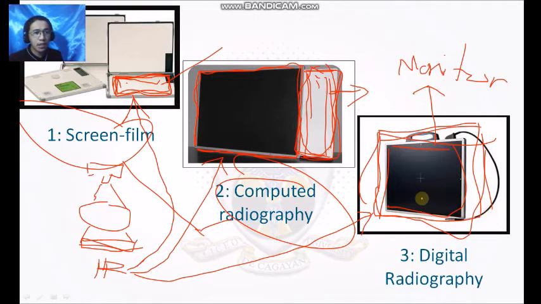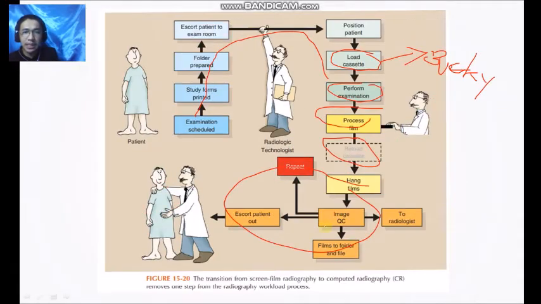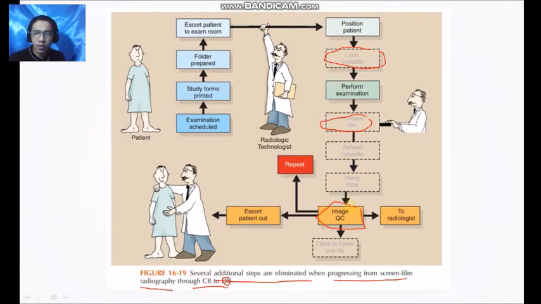Right after exposure, right after the receptor receives X-rays, the data will be directly converted into an image, directed towards the monitor. That's why the step towards image QC is skipped, because right after performing the examination, you can already see your image on the monitor.